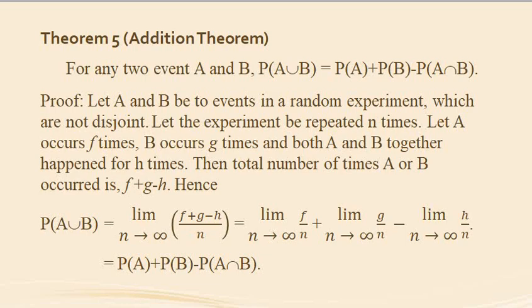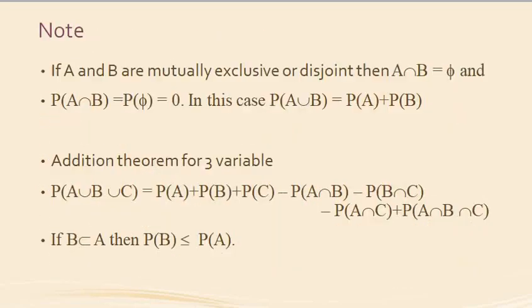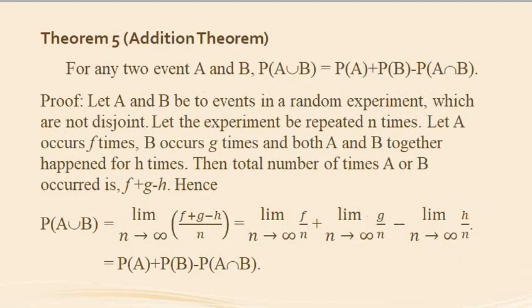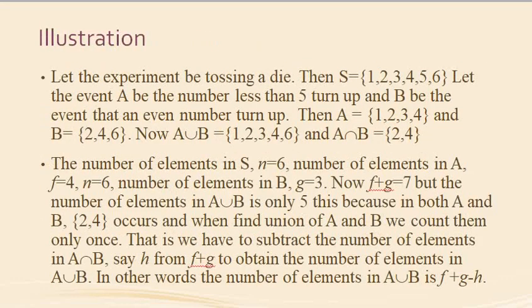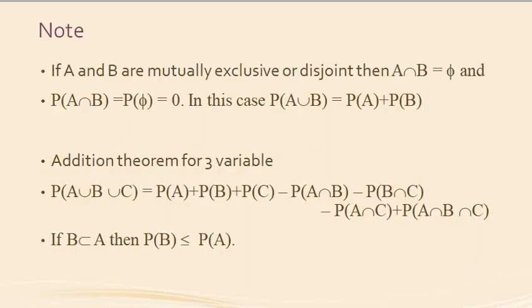That is, P of A union B equal to P of A plus P of B minus P of A intersection B. Here is an example of how it happens, and you can do it yourself.